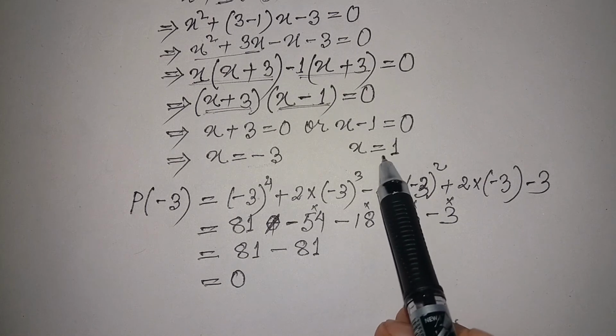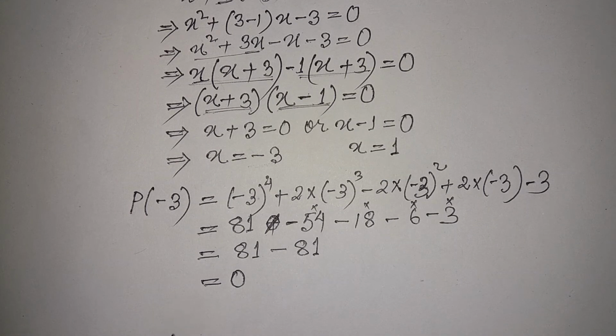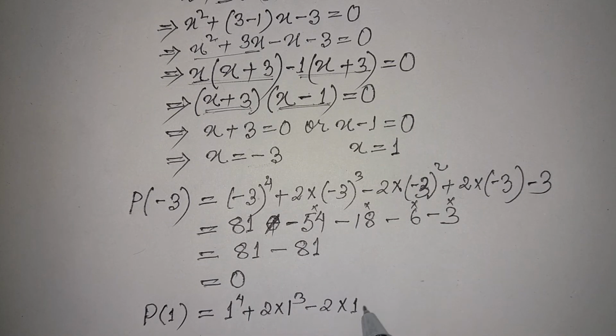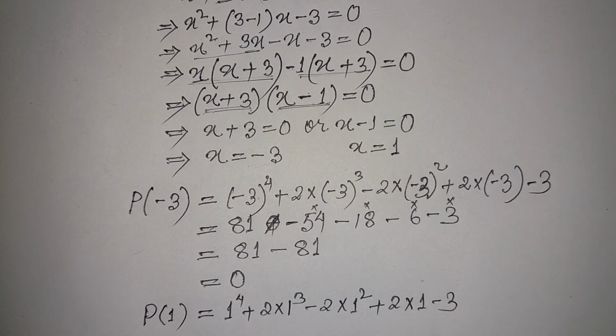Again, we're going to check with 1. Now let's say P of 1 is equal to 1 to the power 4 plus 2 into 1 cube minus 2 into 1 square plus 2 into 1 minus 3.